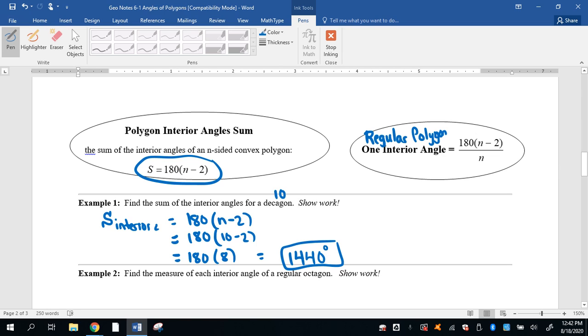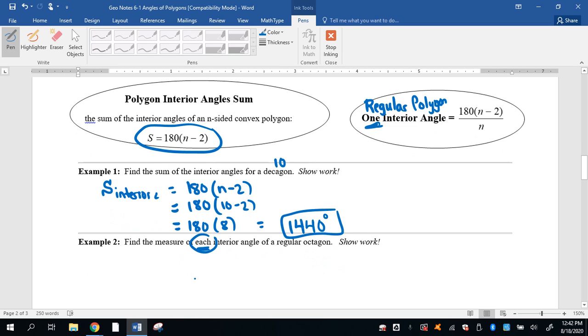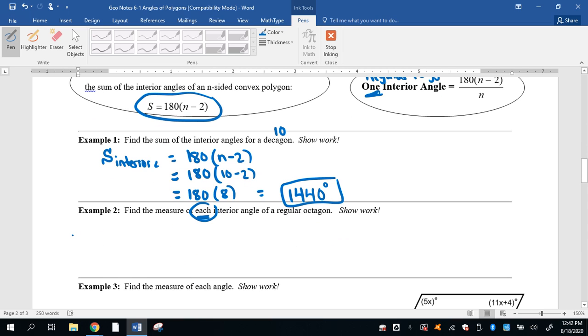Number 2, find the measure of each interior angle. When you are given one interior angle, or each interior angle, or an interior angle, that is the formula of a regular polygon. So one interior angle is equal to 180 times the quantity n minus 2, over n.